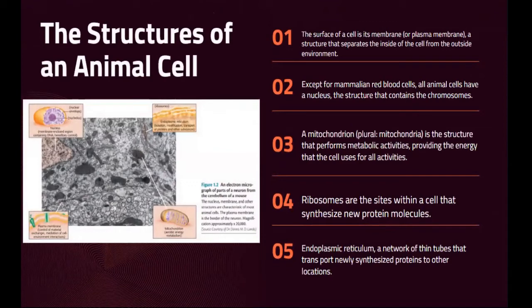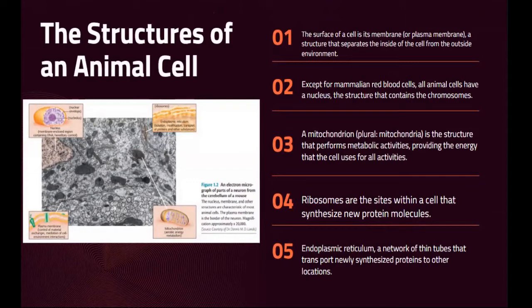Figure 1.2 illustrates a neuron from the cerebellum of a mouse. Neurons have much in common with the rest of the body's cells. The surface of a cell is its membrane or plasma membrane, a structure that separates the inside of the cell from the outside environment.